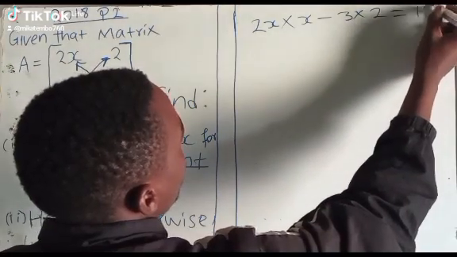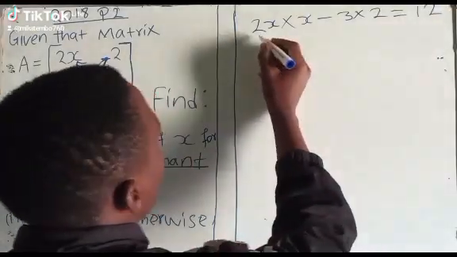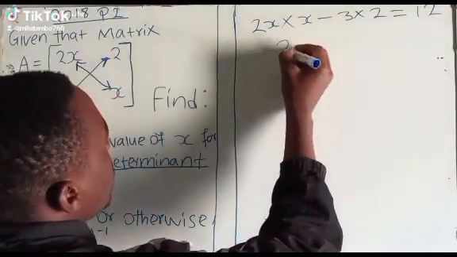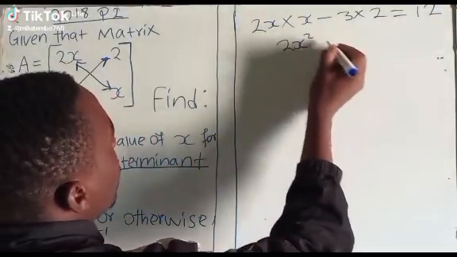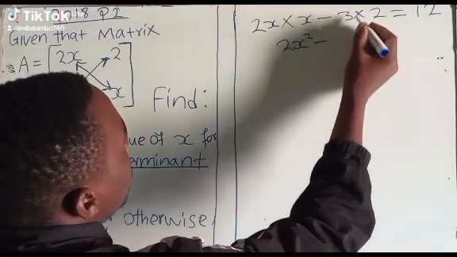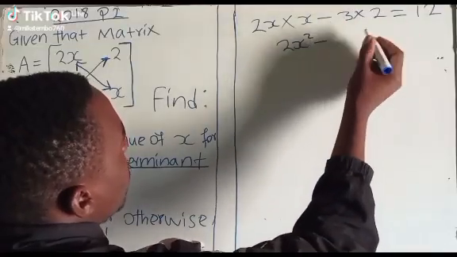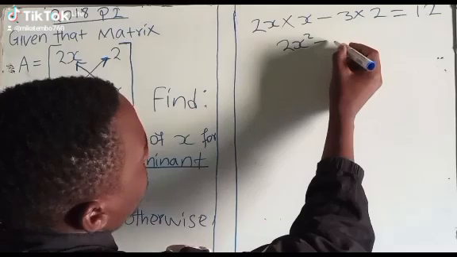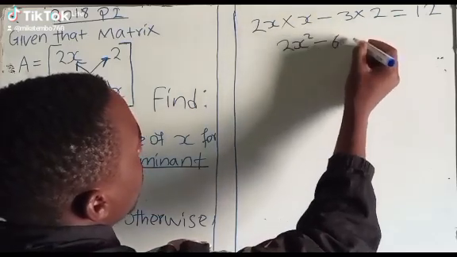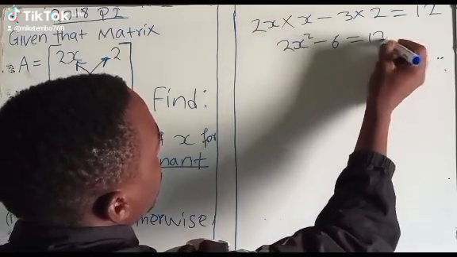So we are going to put a 12 here. So 2x multiplied by x will be 2x squared, minus 3 multiplied by 2, which is basically 6, which is equal to 12.